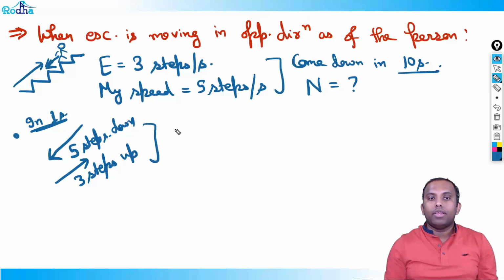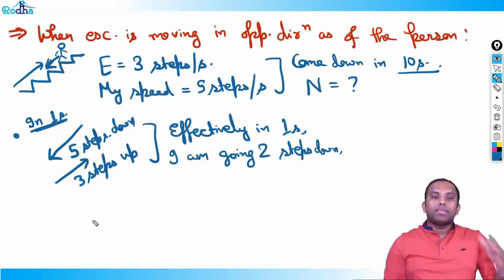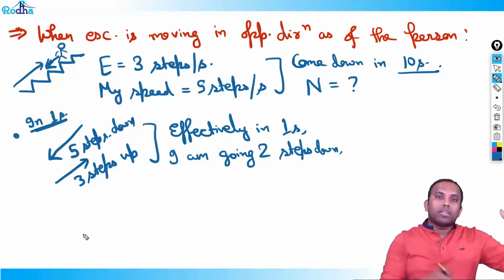That means effectively in 1 second I am going 2 steps down. Right? 5 steps down I am going, the escalator is pushing me 3 steps up. So effectively how much? 2 steps down, right?